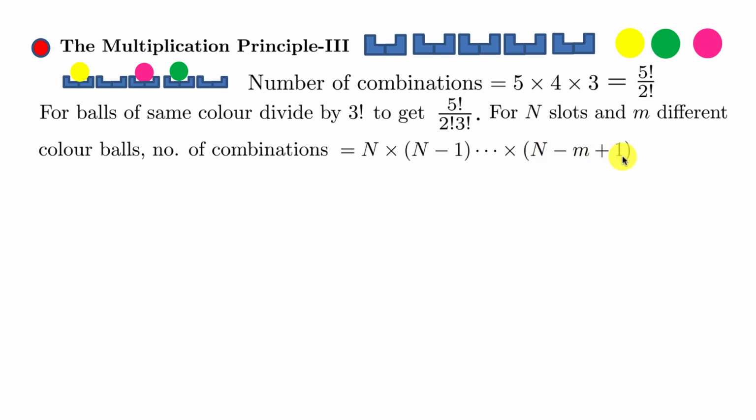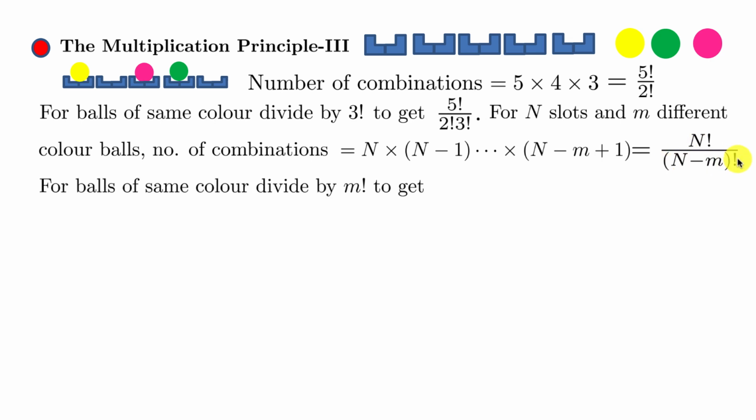So this is the number of different combinations, which you can write as n factorial divided by n minus m factorial. Again, that's because on this side, 1 multiplied by n minus m factorial divided by the same, and so the numerator became n factorial and the denominator remained this.